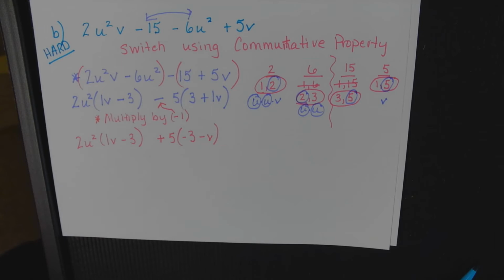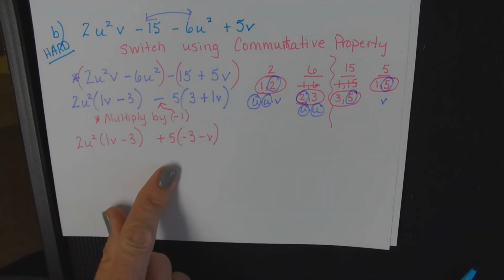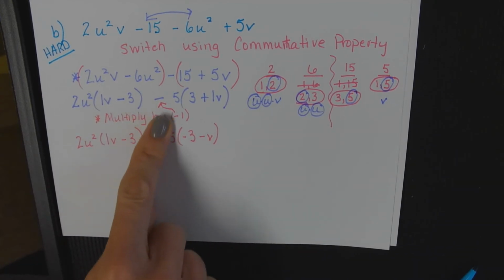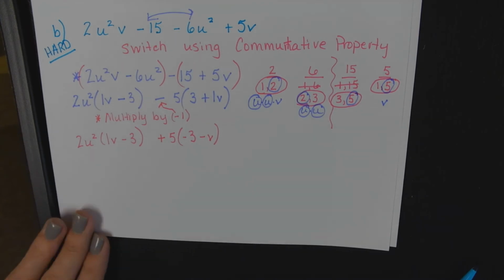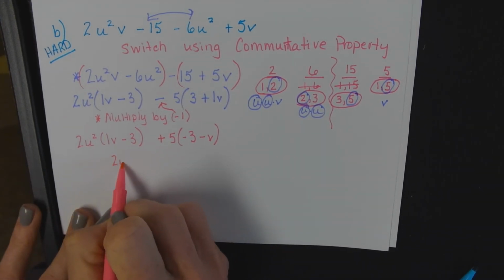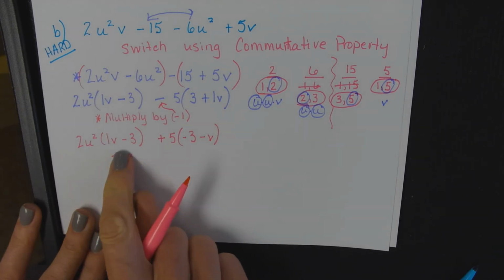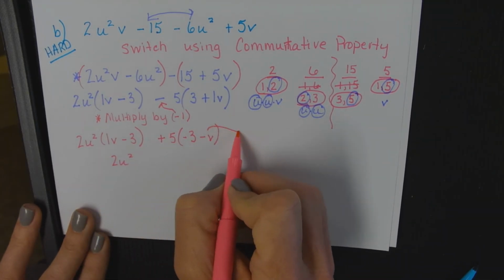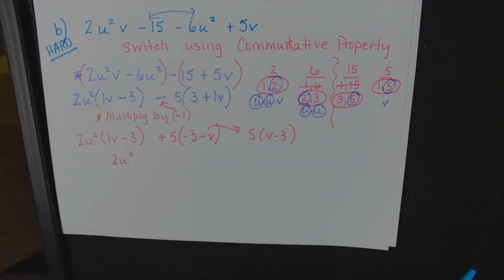Do you not put the negative on the other two? I missed it over here, didn't I? Negative v minus 3. No, it should be, let me rewrite this. 5v minus 3.